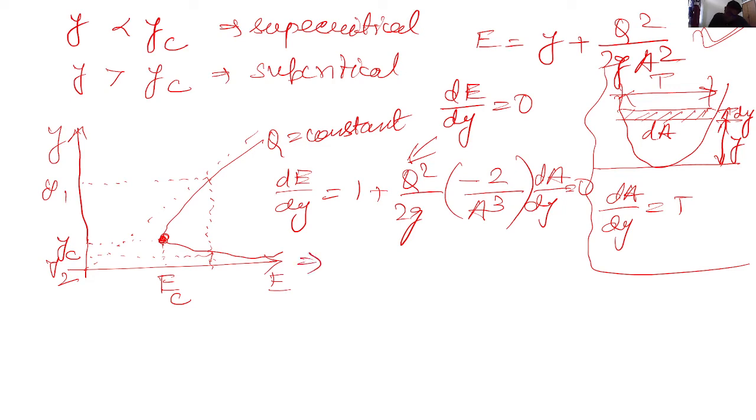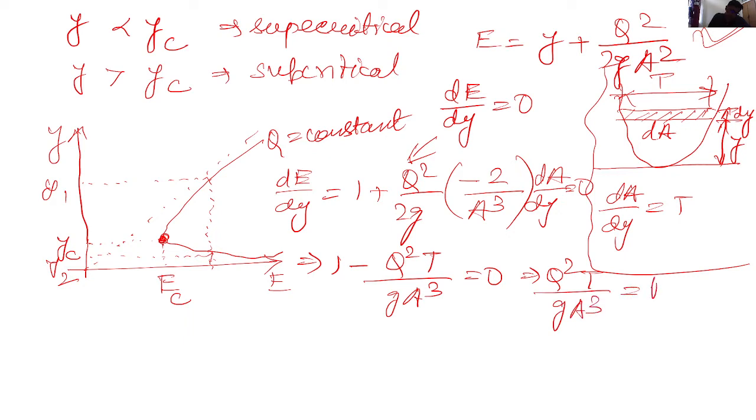So from here we get 1 minus Q square T by g A cube equal to 0. This implies Q square T by g A cube is equal to 1.